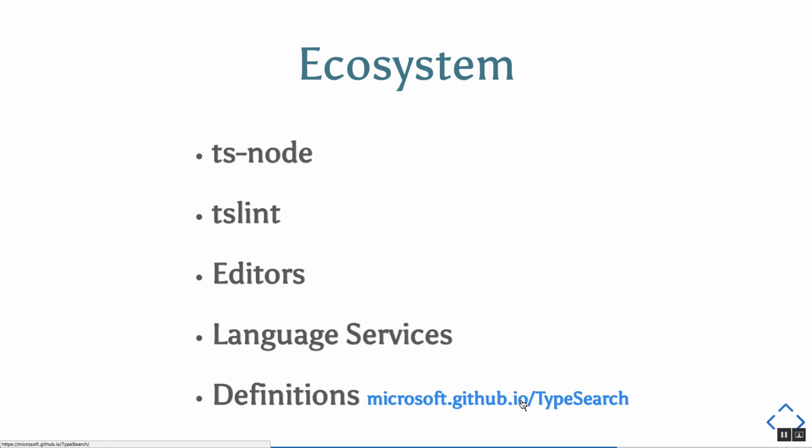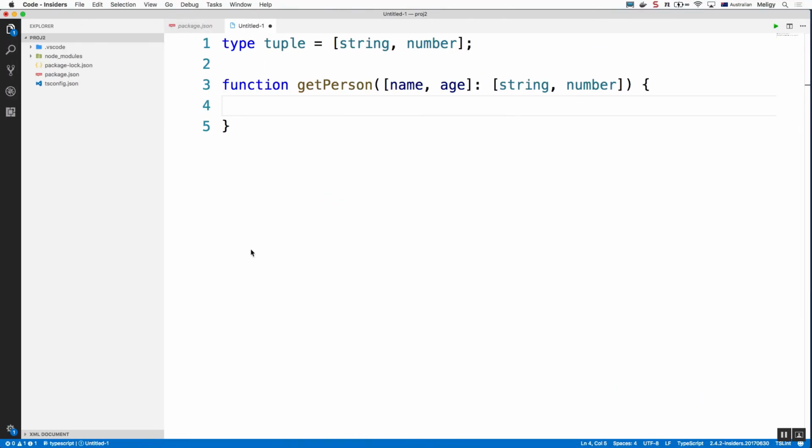They had their own tool to load all the definition files, the files that describe the JavaScript syntax, so that you can have intelligence and errors. They had a tool, a package manager like Bower and this sort of stuff. So they had one, and they had two. They had TSD and typings. And then they finally thought, well, you know what? This sucks. Let's just use NPM, which makes total sense.